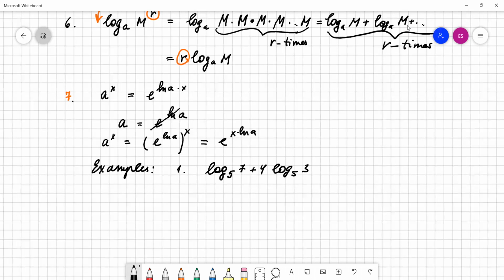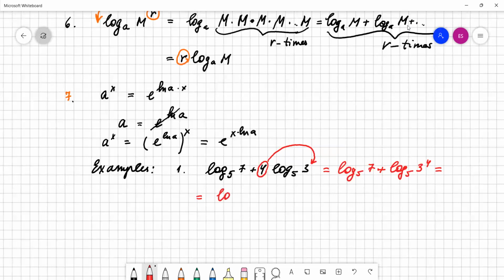How do we simplify it? Well, guys, we can merge two logarithms with the same base, but we're supposed to have no coefficient in front. What can we do with the coefficient? Remember that the coefficient is actually a power. So I'm going to write it down: logarithm with base 5 of 7 plus logarithm with base 5 of 3 to the power of 4.